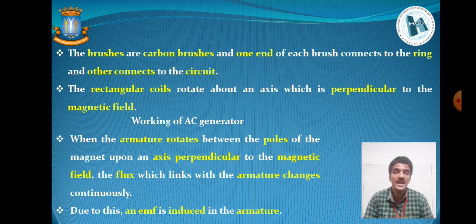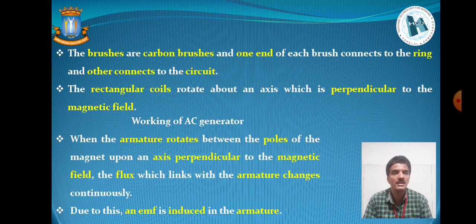So when the armature rotates between the poles, that is the north pole and south pole of the magnet, about an axis perpendicular to the magnetic field, the flux, meaning the total number of magnetic field lines generated from the north and south poles arrangement, which links with the armature, changes continuously.